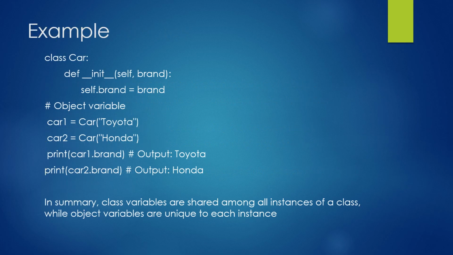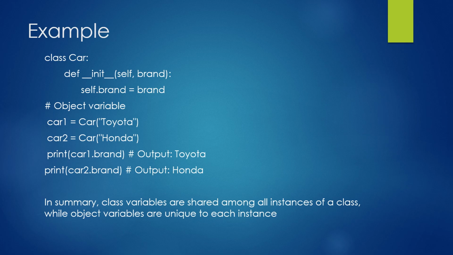It can be understood clearly by using this example. Here also we used the same example, class Car, in which we created a constructor init self comma brand. Here the brand name varies with the objects we created, car1 and car2. For car1 we gave the brand name Toyota, and for car2 we gave the brand name Honda.